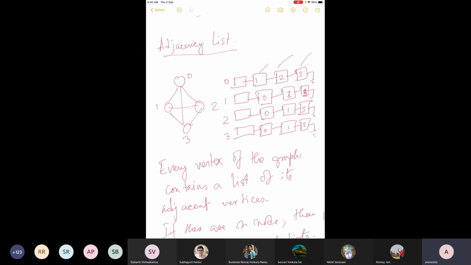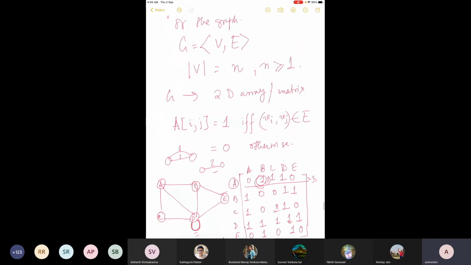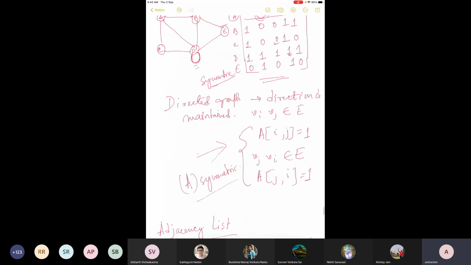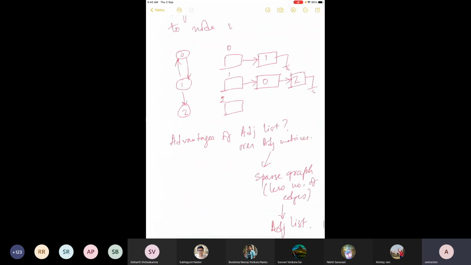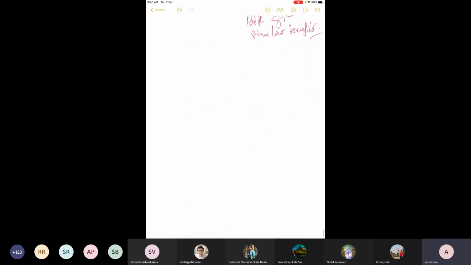So these are ADTs basically. This one is a matrix, I mean a 2D array, and the other one is an ADT to represent the graph. From here you have to compute everything, paths, etc. Everything needs to be computed. And we need to learn algorithms for doing all of those.